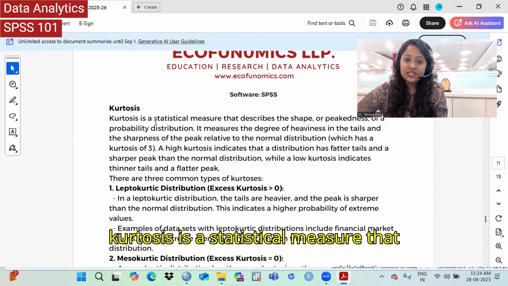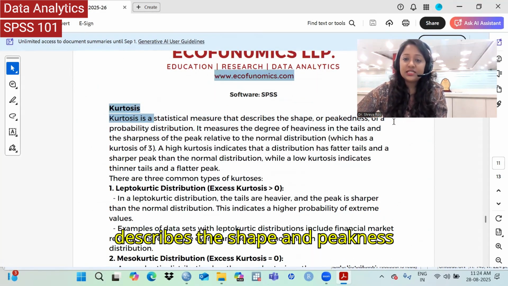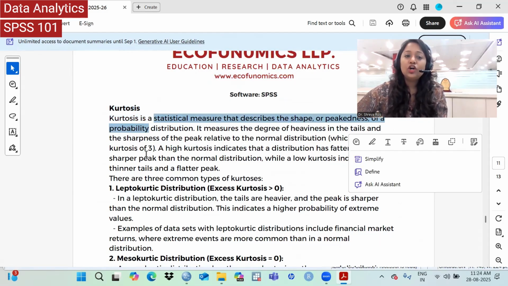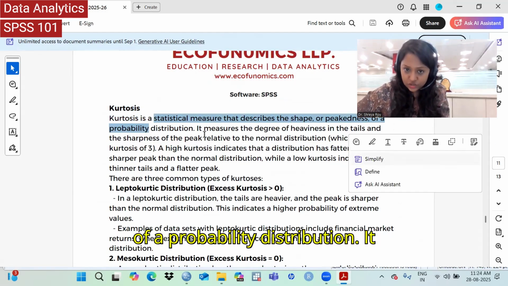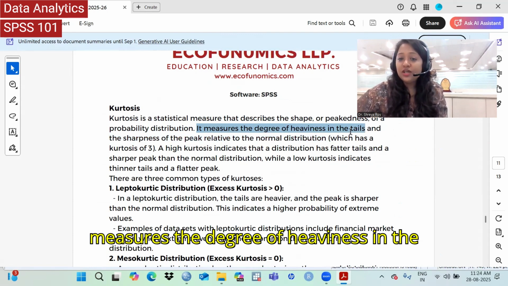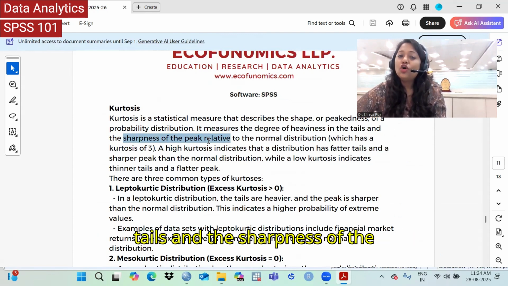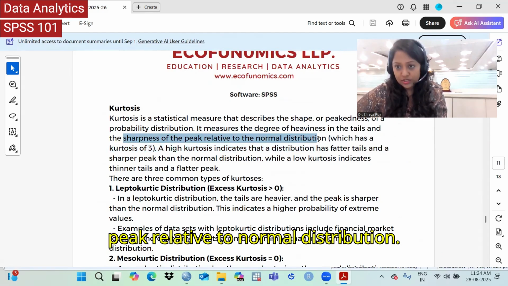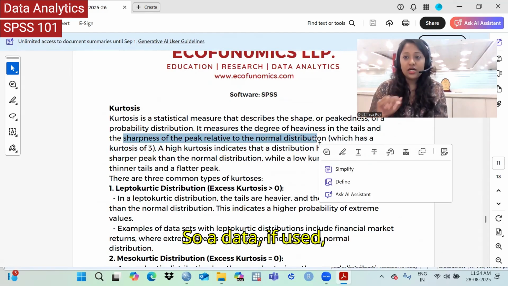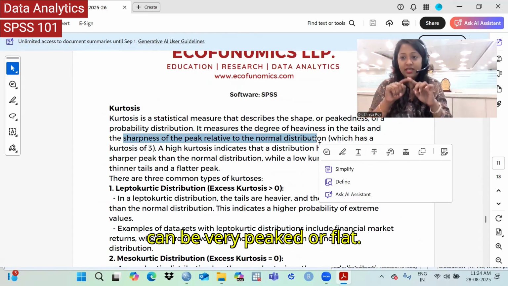So kurtosis is a statistical measure that describes the shape and peakedness of a probability distribution. It measures the degree of heaviness in the tails and the sharpness of the peak relative to normal distribution. So a data, if U-shaped, can be very peaked or flat.